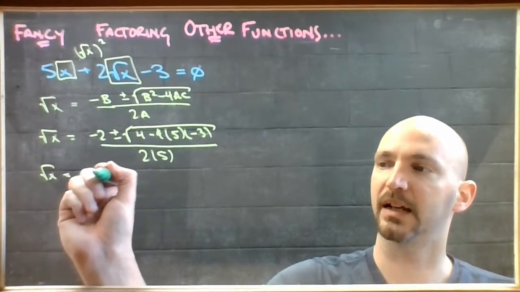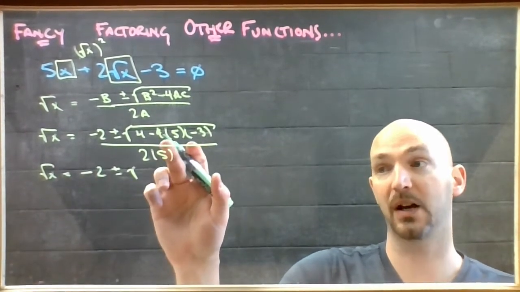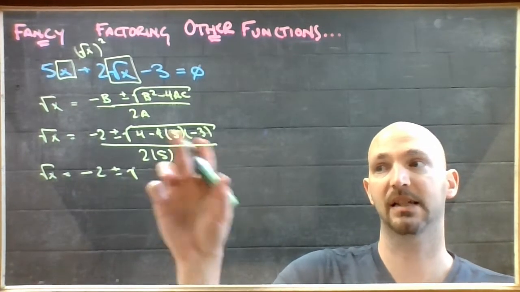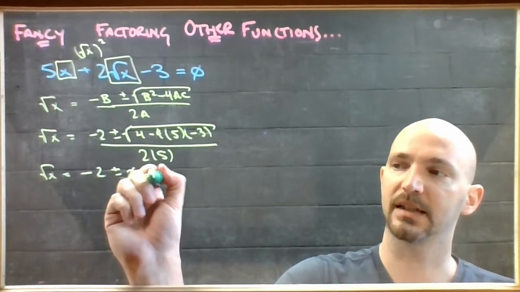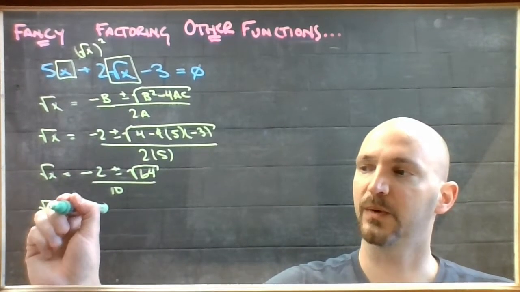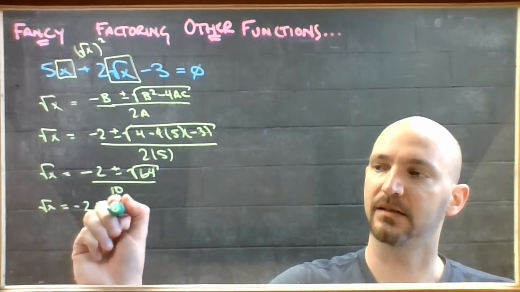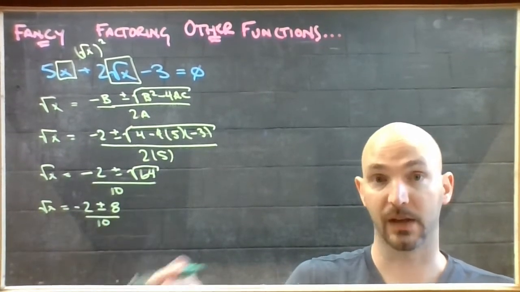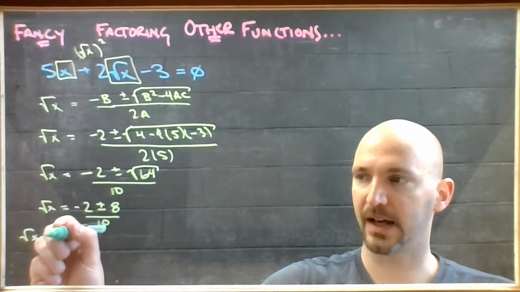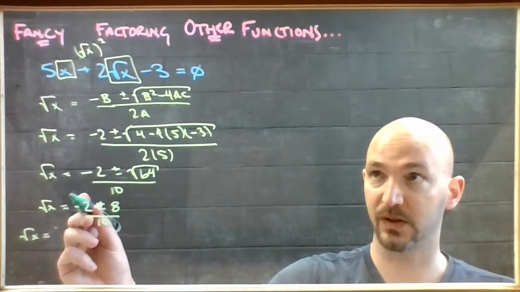Gives me negative 2 plus or minus the square root of 3 times 4 is 12, 12 times 5 is 60, 60 and 4 is 64, over 10. So root x is negative 2 plus or minus 8 over 10. So case 1, root x would be negative 2 plus 8 is 6 over 10, which reduces to 3/5.